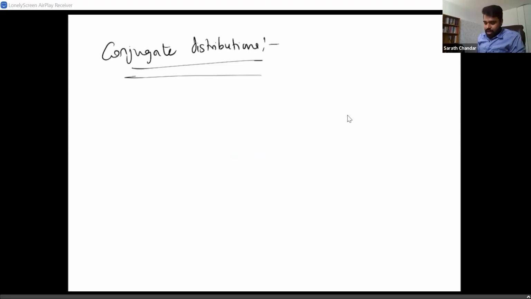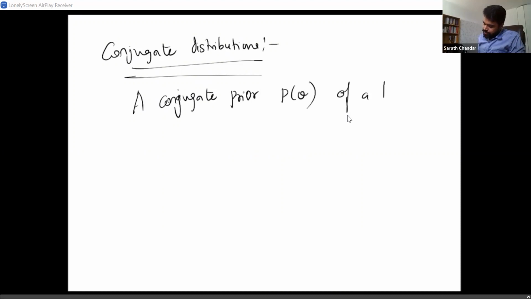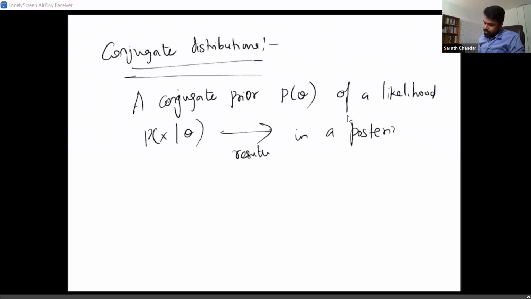Now, a conjugate prior P of theta of a likelihood P of x given theta is basically some distribution that results in a posterior distribution P of theta given x with the same functional form as the prior.